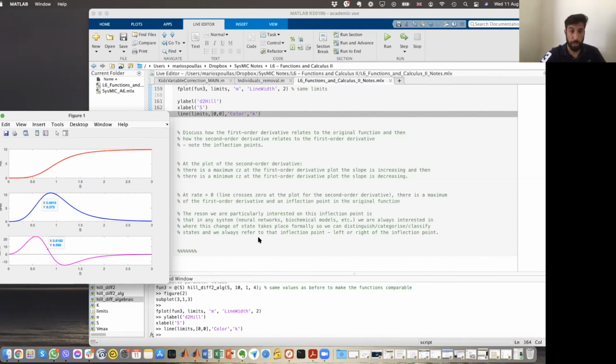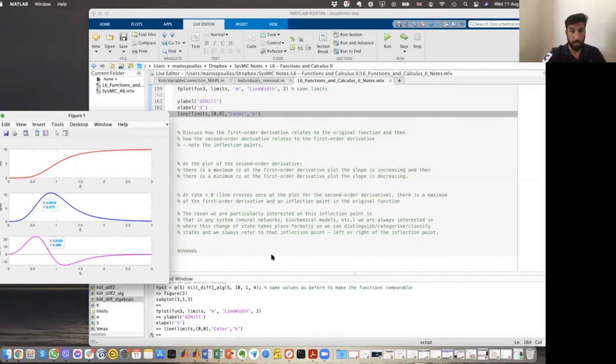The reason we are particularly interested in this inflection point is that in any system, be it neural networks or biochemical models, we are always interested in where this change of state takes place. You remember we talked about the lowest and the highest state.